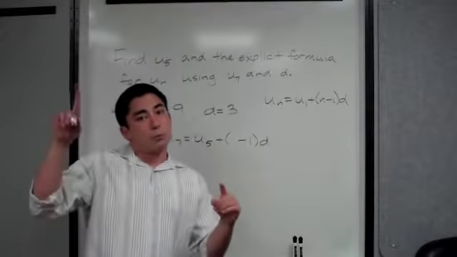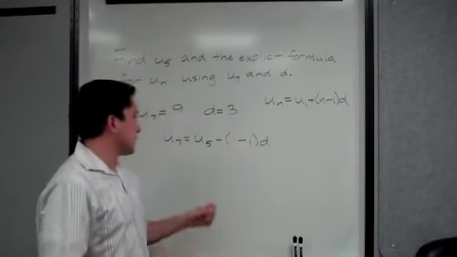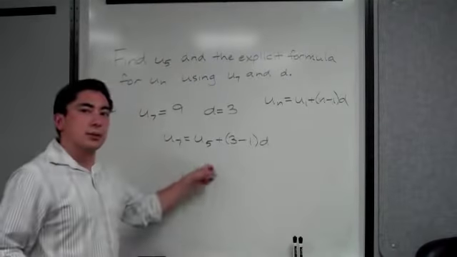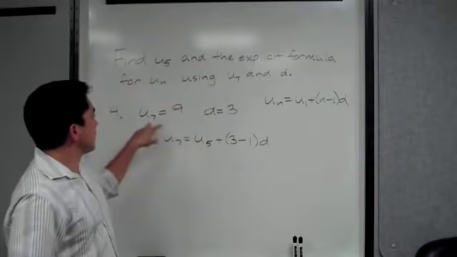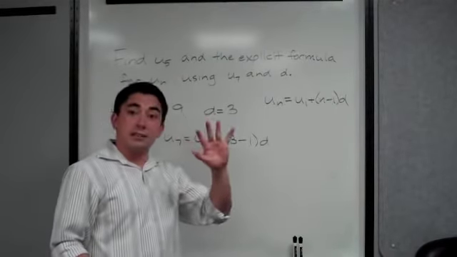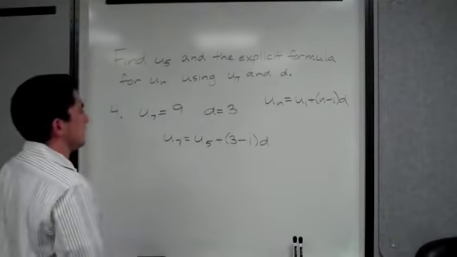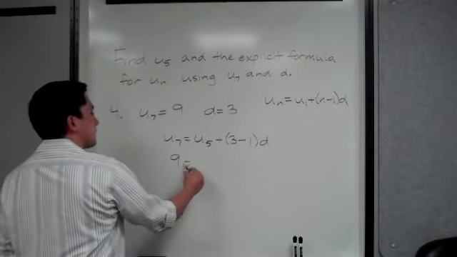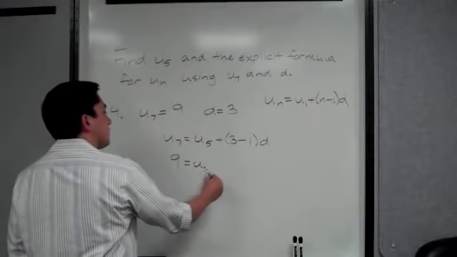So we're actually not going from 1 to 7, we're going from 5 to 7. So 5, 6, 7, n is actually 3 in this problem. If this were u sub 9, it would be 5, 6, 7, 8, 9. Okay. Now let's plug in some values. We know 9 is u sub 7. We don't know u sub 5.